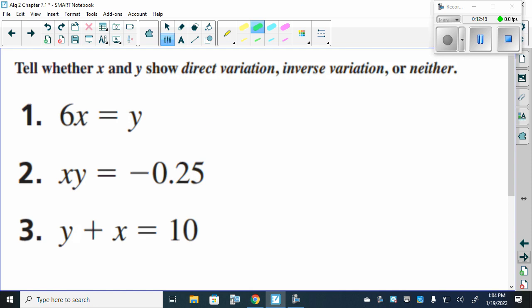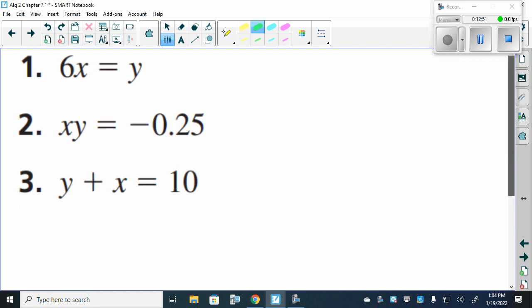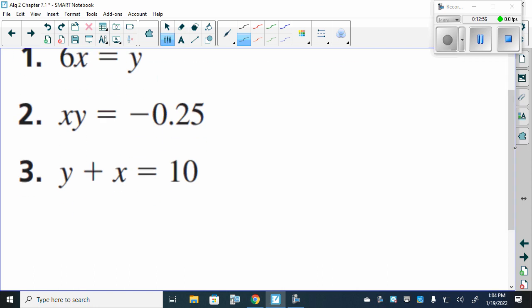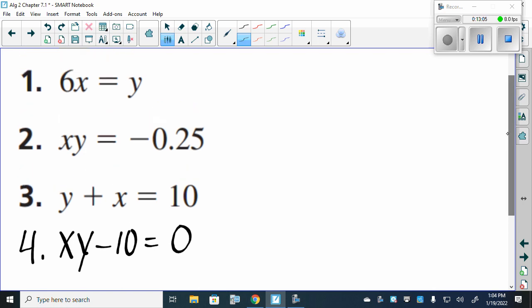So let's look at these here. I'm going to grab my pen back. Add a fourth one to the mix. I'm going to add that fourth one to it. Now, looking at these four here, which one of these will be neither?